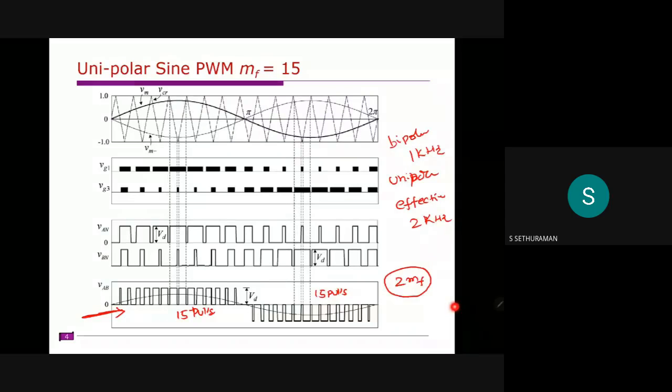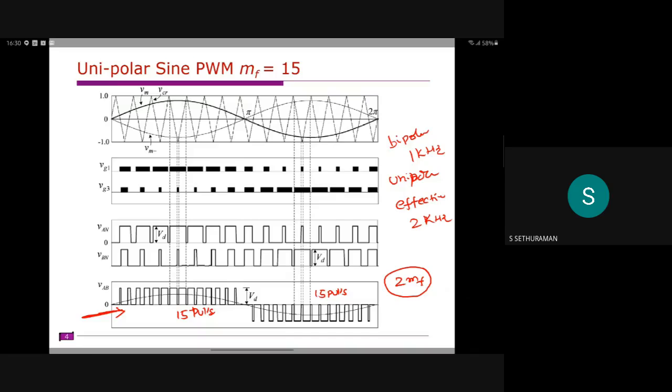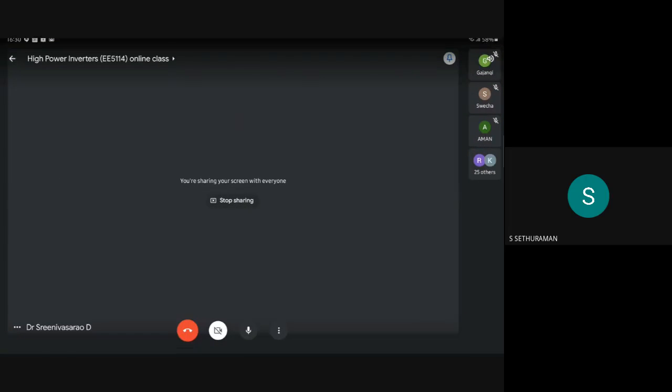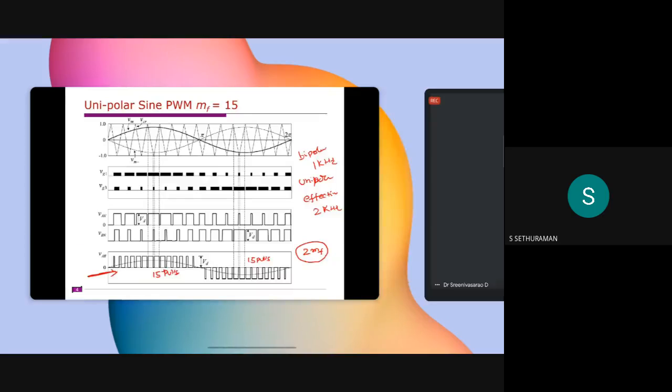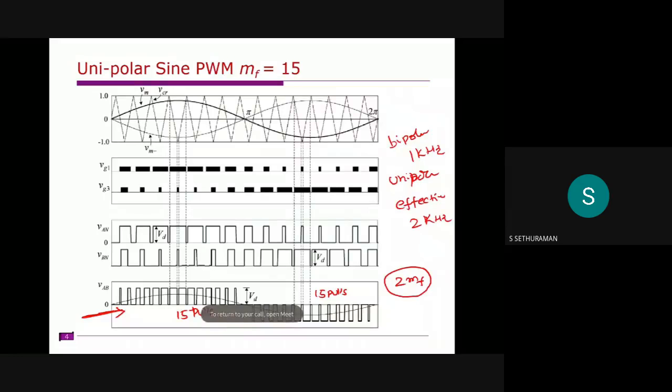Clear? That unipolar is effectively operating at 2 kHz. It's clear? So unipolar is effectively operated at 2 kHz.